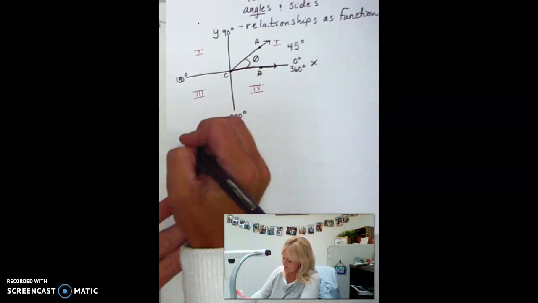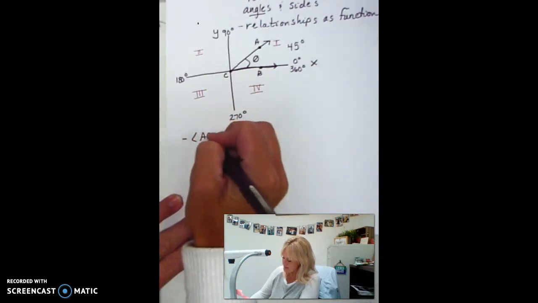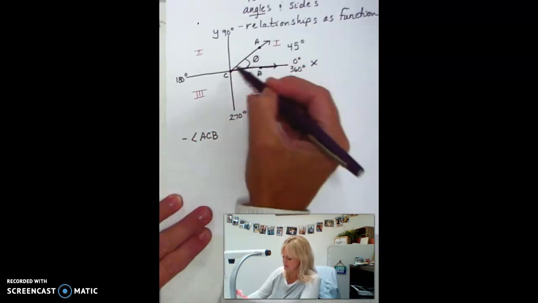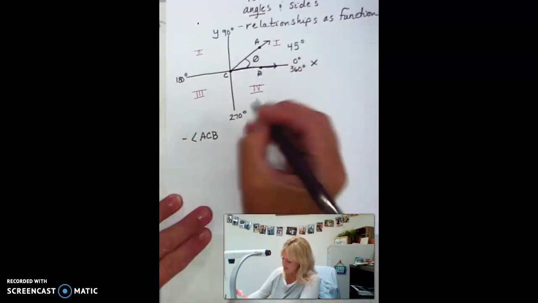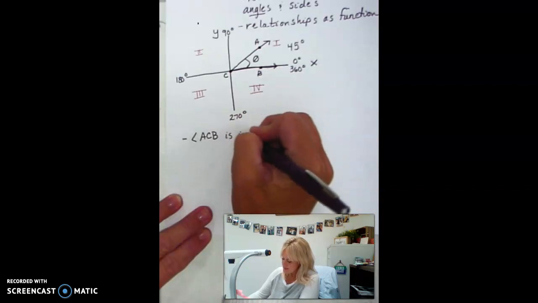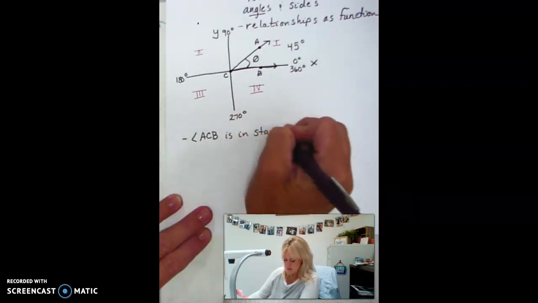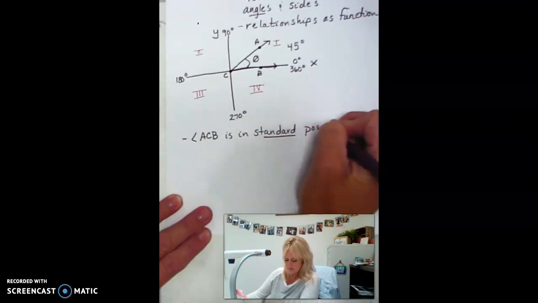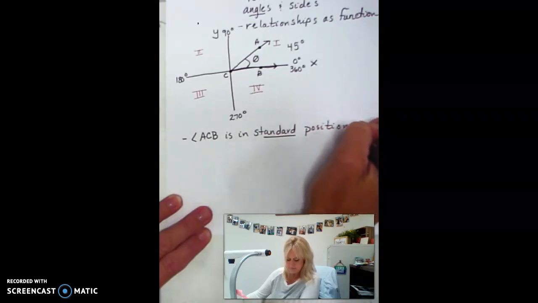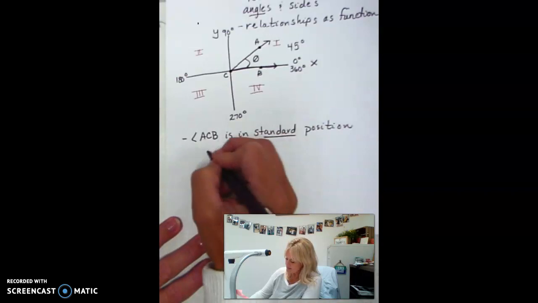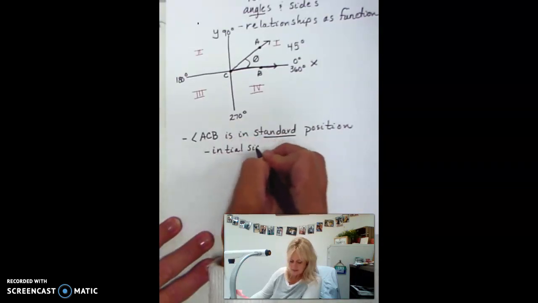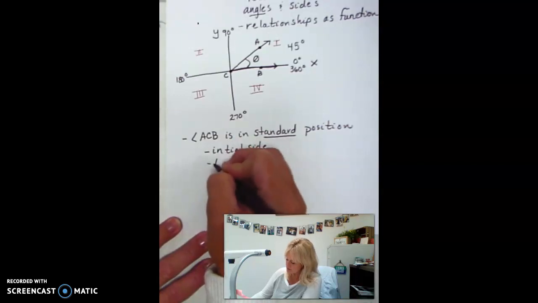We would say that angle ACB, because we do it in order, ACB, where C is our origin, is in standard position. Standard position is the initial side and the terminal side.